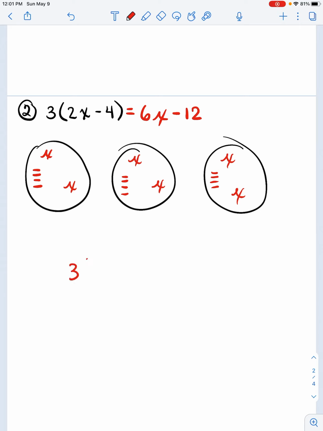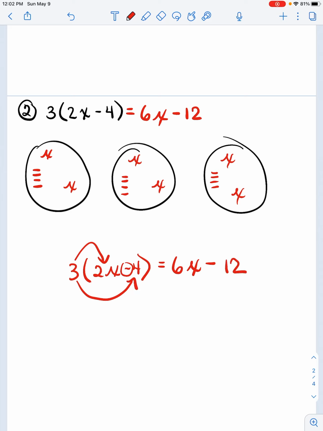Again, 3 times 2x minus 4 without the models is going to be equivalent to 3 times 2x, which is 6x. Keep the minus sign. 3 times 4 is 12. And you see that's what we get up here with the model.